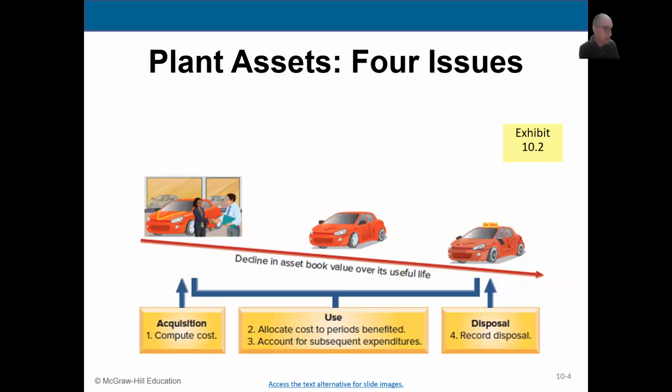And this acquisition cost includes things like the purchase price, the cost of installation, the cost of insurance, the cost of startup fees, whatever. All of these costs together equal the total cost of acquisition, the original cost.